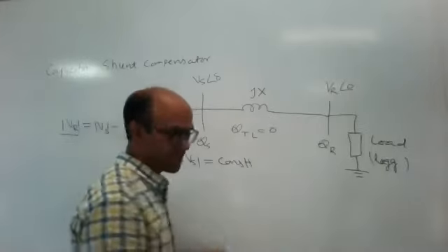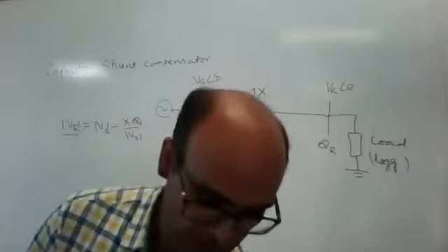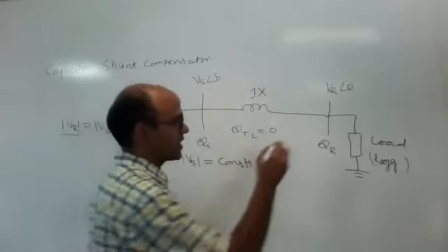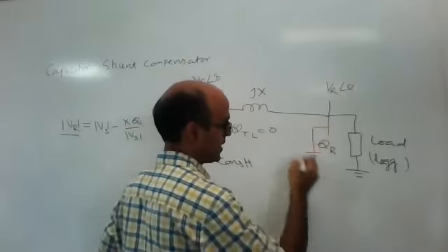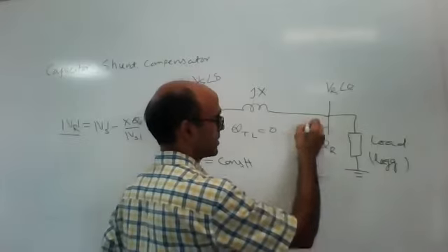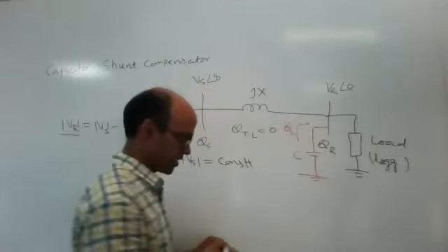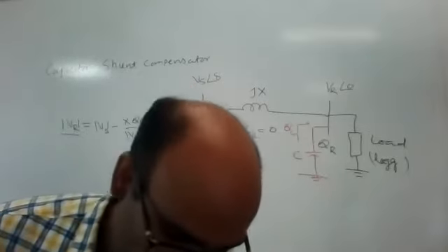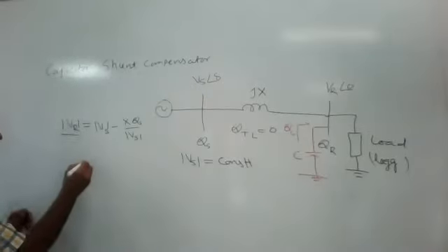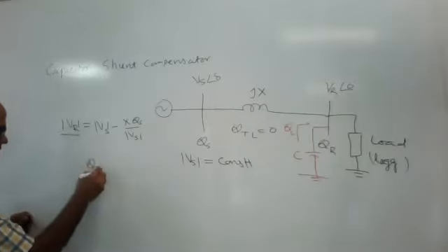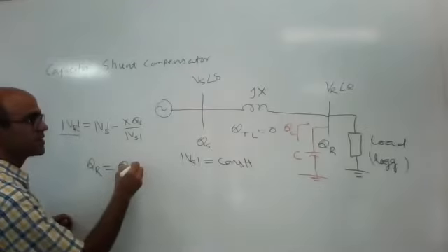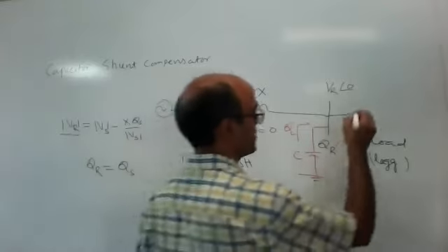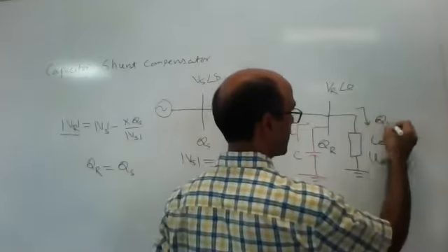So in the second case, if we are connecting a capacitor, then it will provide reactive power QC. So what is QR? The available QR at the receiving end is QS minus, or we can say the required power is QL.